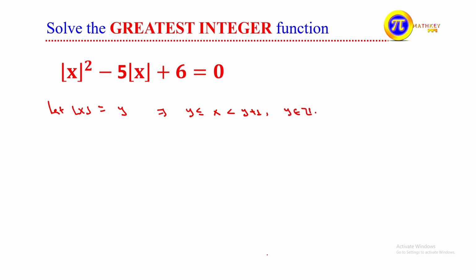So from our problem, since this is equal to y ስላልን ምን ይሆናል? The first is the greatest integer function x square minus 5 greatest integer x plus 6 is equal to 0, becomes ምን ይሆናል? በy ስንተካው it becomes y square minus 5y plus 6 is equal to 0.